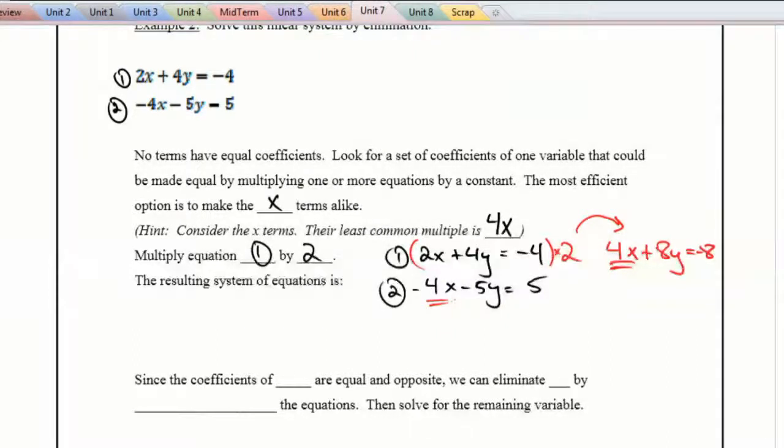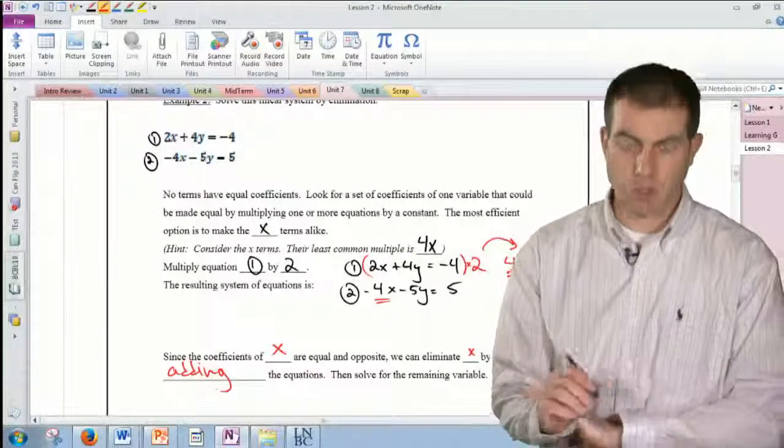So now that the coefficients of x are equal but opposite, we can eliminate x by adding the equations and then solve for the remaining variable. So that's what we're going to do.